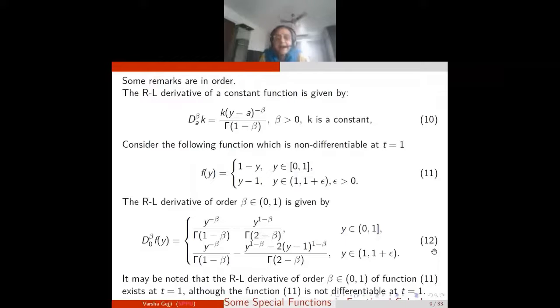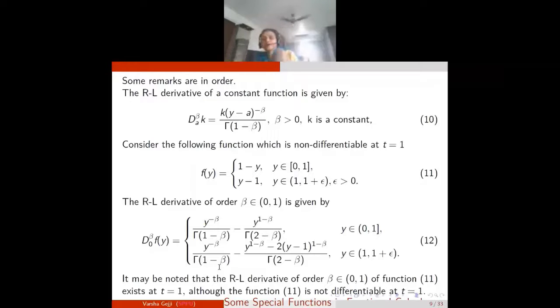So the Riemann-Liouville derivative of order beta exists, where beta is between 0 and 1. So the Riemann-Liouville derivative of order beta of this function exists at y equal to 1. Sorry about this, it is y equal to 1. Although the function is non-differentiable there.